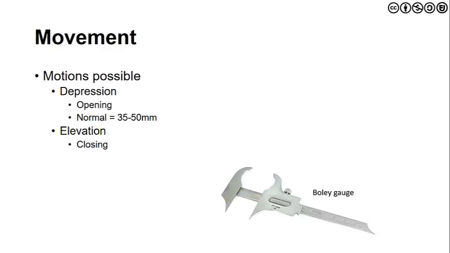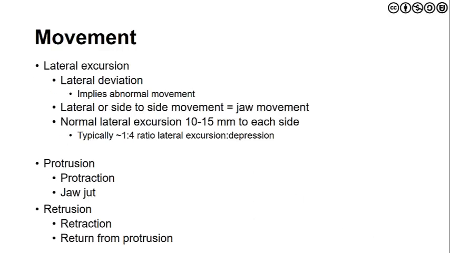Elevation would then be considered closing. And then the other three that we see would be lateral excursion, which is lateral deviation, protrusion, and retrusion. Now, lateral excursion, that's kind of the side-to-side motion. It's typically a 1-to-4 ratio as it relates to depression. So if depression is close to maybe 40 millimeters, lateral excursion might be 10. If it's closer to 50, it might be as much as 15.